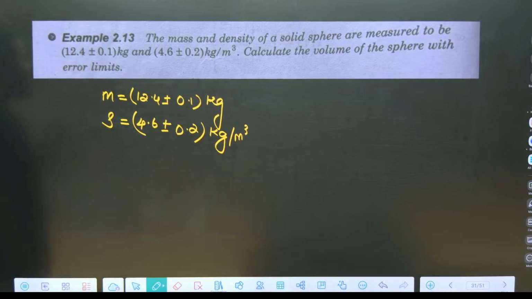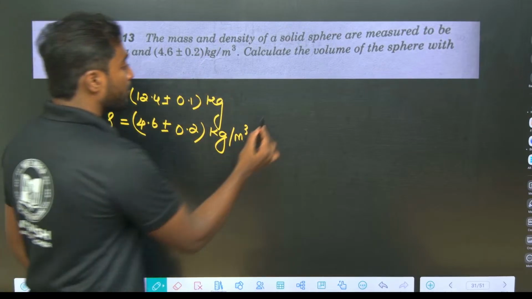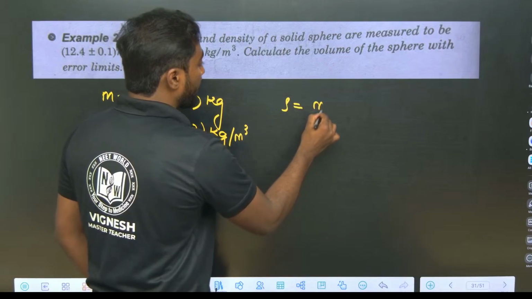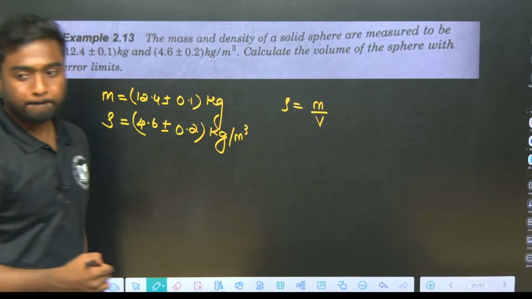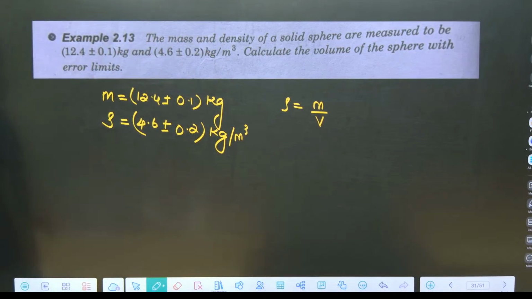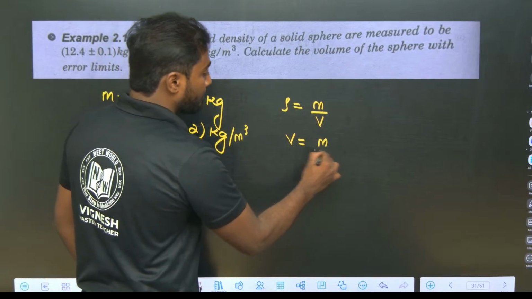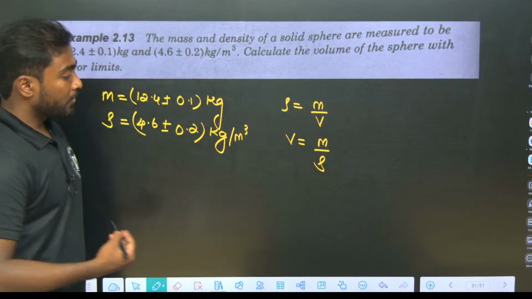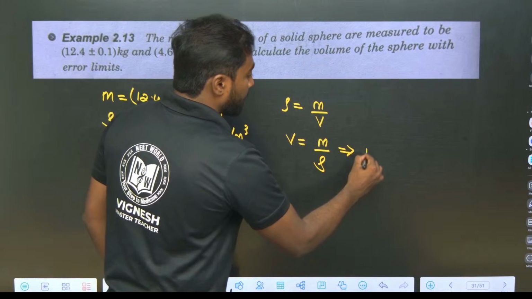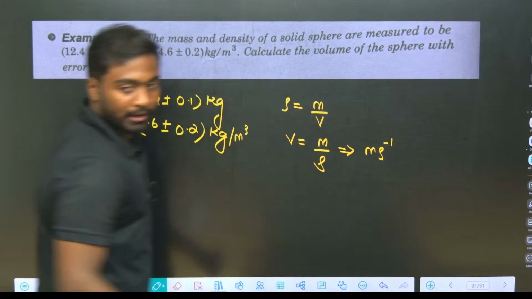Calculate the volume of this sphere. So what is the density formula? Density equals mass by volume, so volume will be equal to mass by density. So I can write this as mass into density power minus 1.